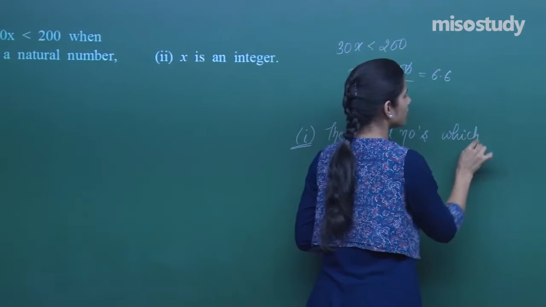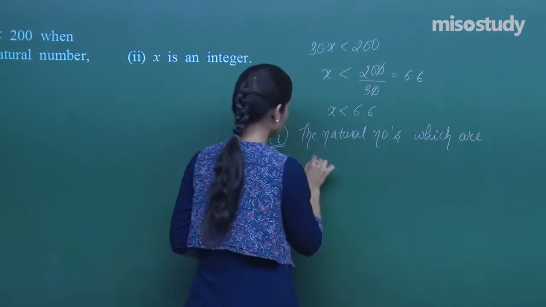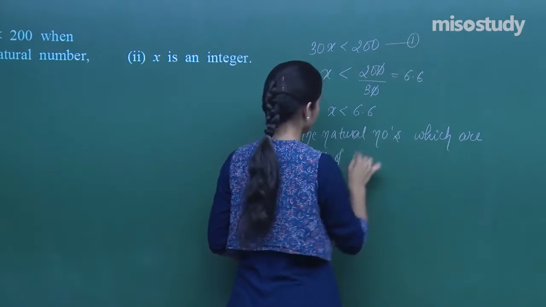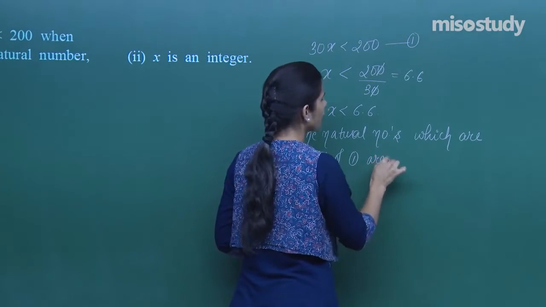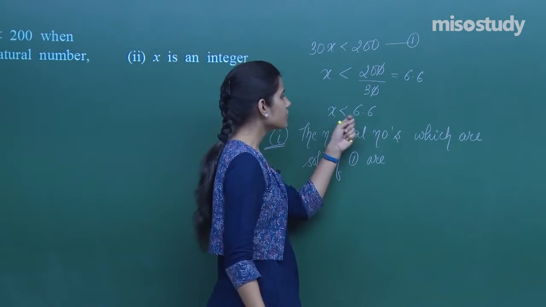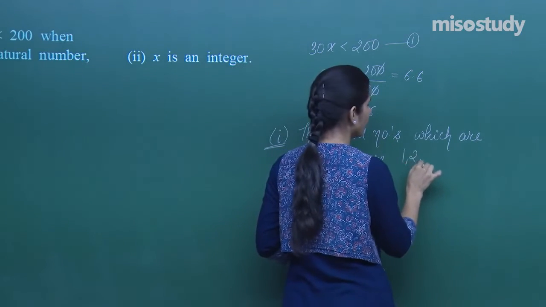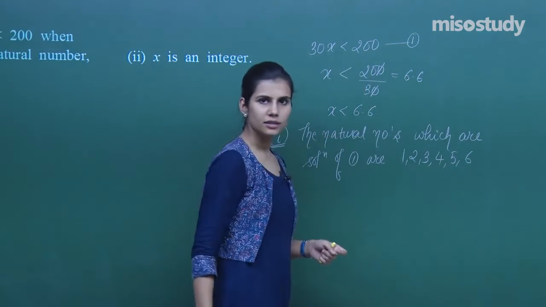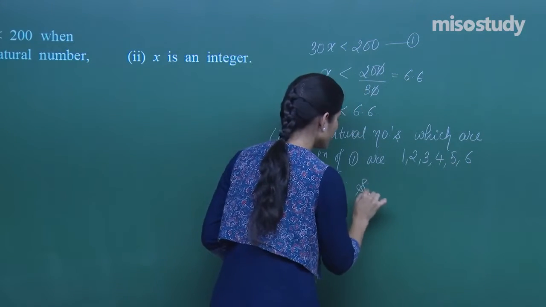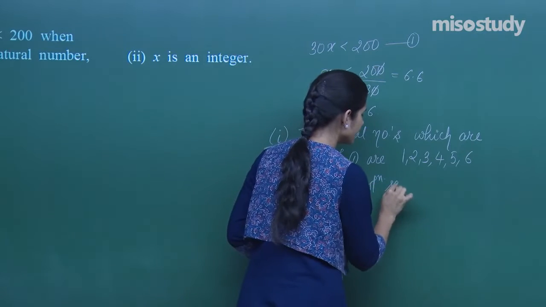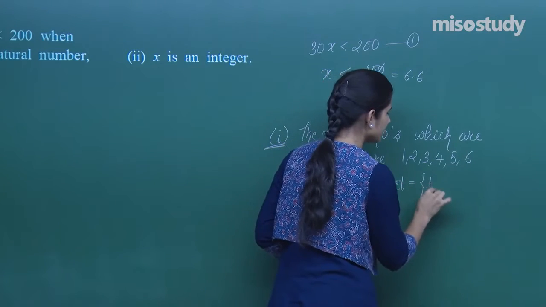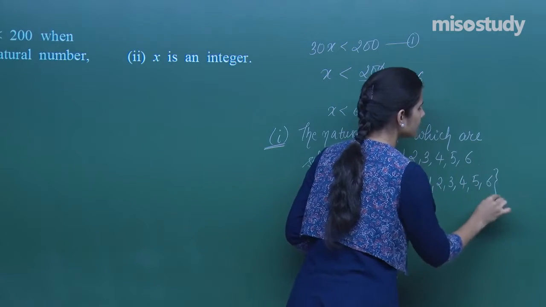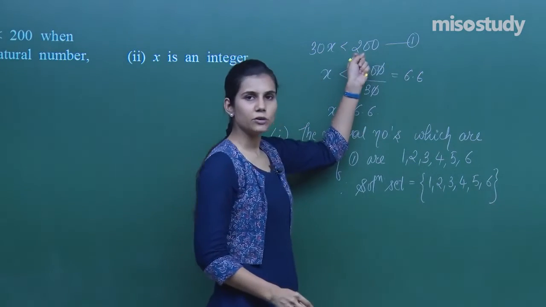Which are the natural numbers strictly less than 6.6? 1, 2, 3, 4, 5 and 6. Therefore the solution set in this case is this set. It is these natural numbers which are solutions of this particular inequality.